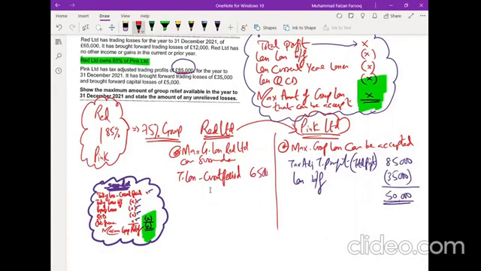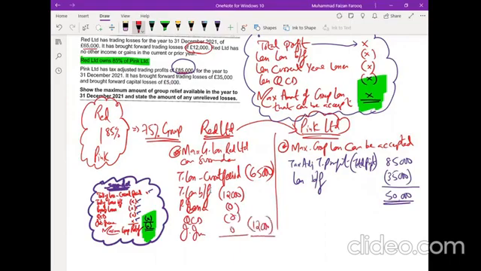Very good. No other income. Any trading loss brought forward? 12,000. This is negative, and this is also negative. Any property losses? No. Any QCD? No. Any interest income? No. The answer is 12,000 negative, negative, negative. So this is the maximum Red Limited can surrender.